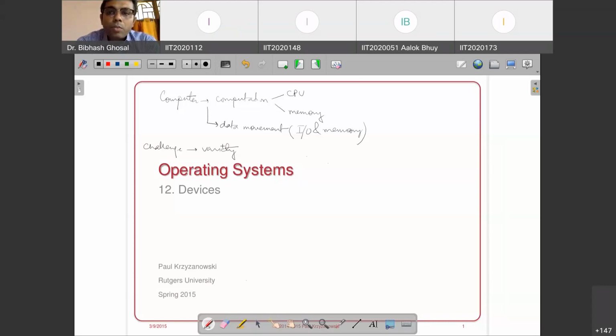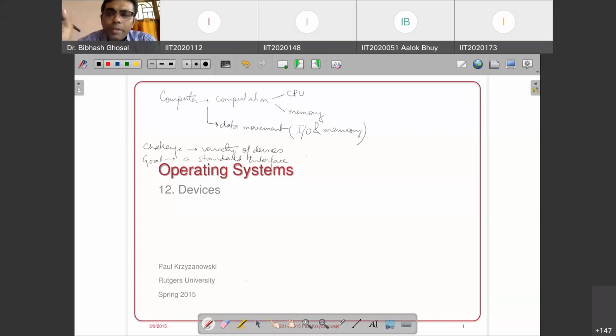So this is what we don't want. So the challenge is that there must be a variety of devices. Okay, you have to allow different kinds of devices, but the goal is to provide a standard interface for all kinds of devices. This is the aim of the operating system.